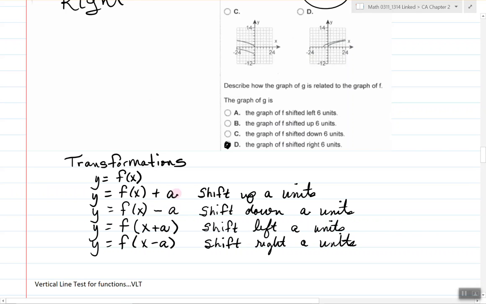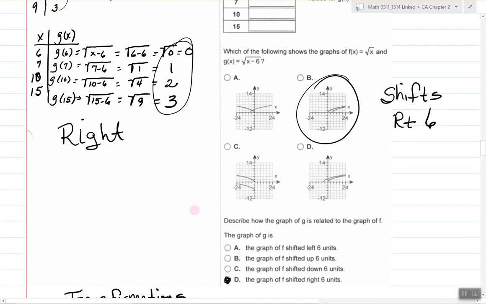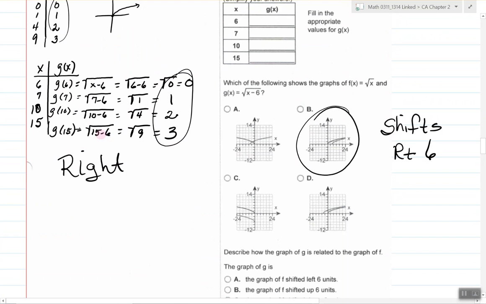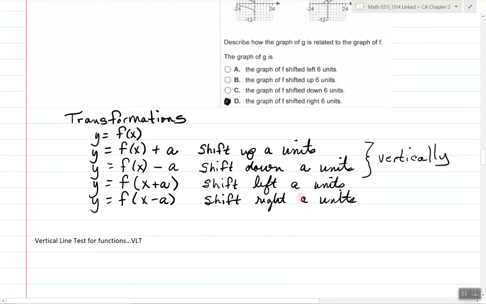When you add and subtract after the function has acted on the value of the domain, after it's acted on the x, like you squared it first and then you added something to it, when this is on the outside, it affects it vertically. But if you change the x before you act on it, as we did up here, we subtracted inside before we took a square root, it affects it left, right.